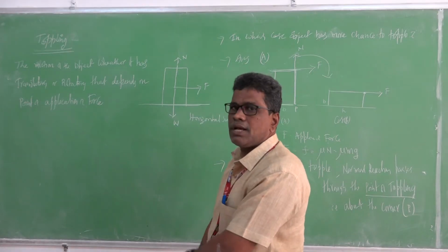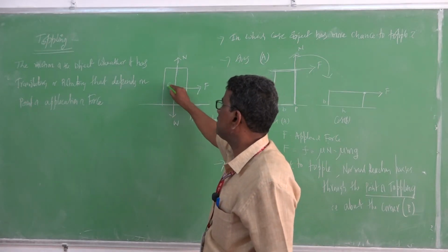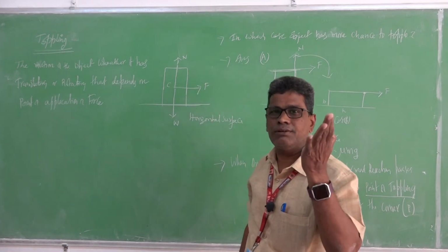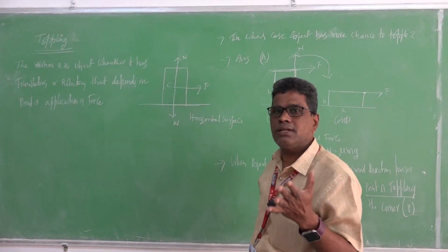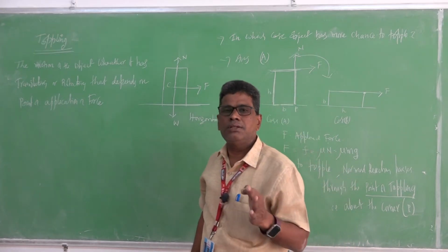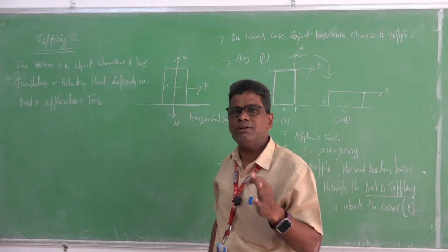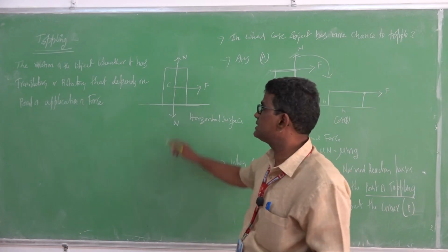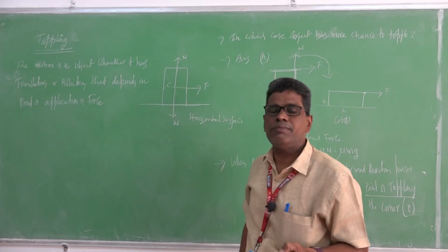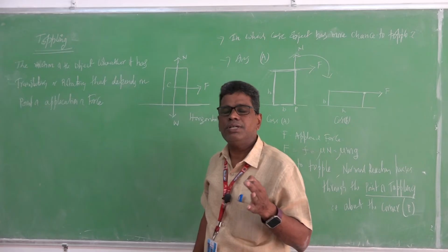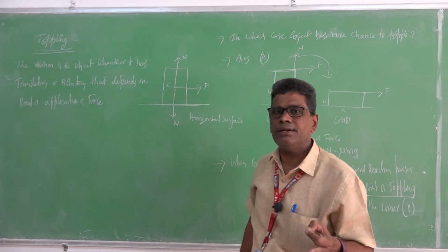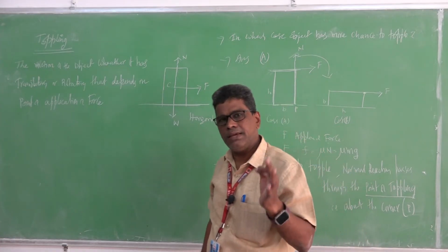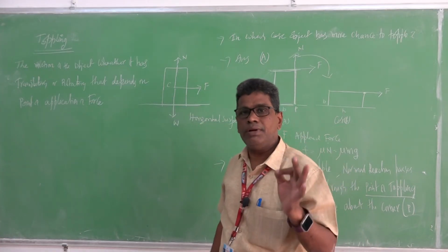In translatory motion, if force acts from the center of gravity, then the body has pure translatory motion. That I explained in center of mass. The concept of center of mass is introduced to understand translatory motion. When an external force acts at the center of mass, the entire mass of the body is supposed to be concentrated at a point. For small and regular shaped bodies, center of mass and center of gravity lie at the same point, its geometric center.